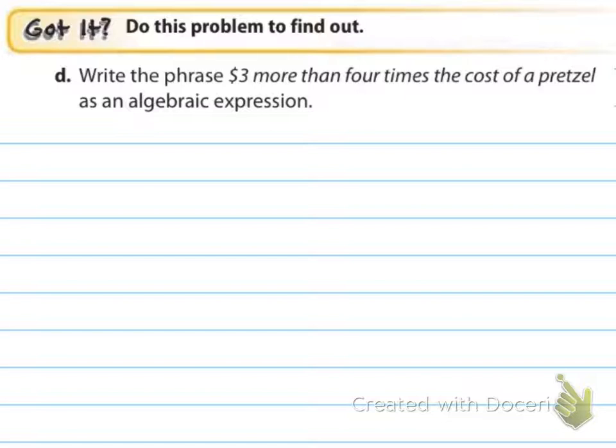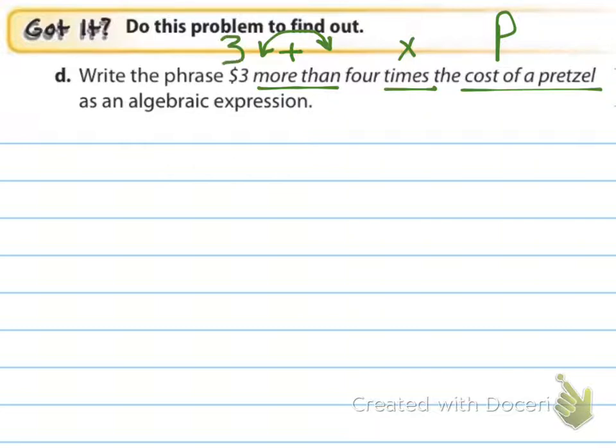All right, the important information here that they've given us is more than means plus and flip-flop. 4 times means multiplication, and what we don't know is the cost of the pretzel, which we might as well go ahead and use the variable P again for pretzel.